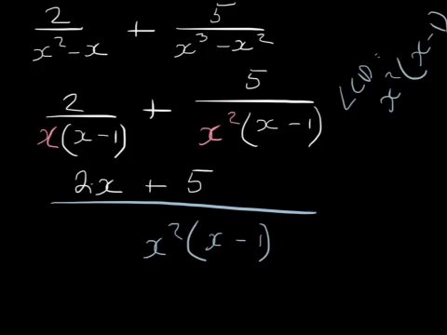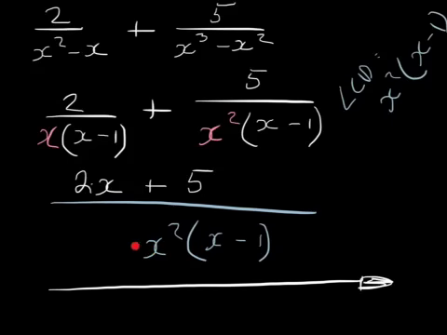And that is our final answer: 2x plus 5 over x squared into x minus 1. And we leave it in this form. We can't factorize that. There's no common factors. So we leave it in that form with the denominator in factorized form.